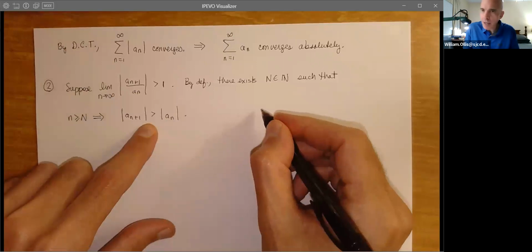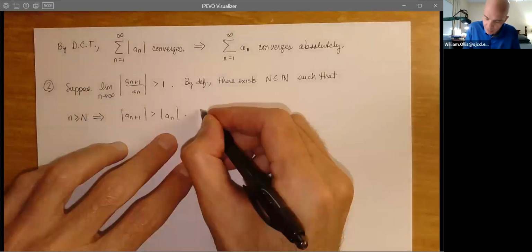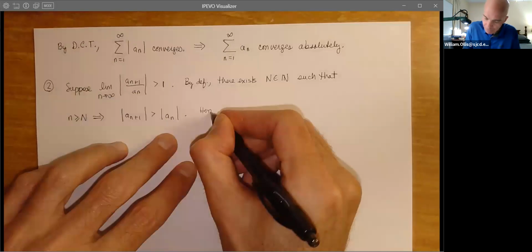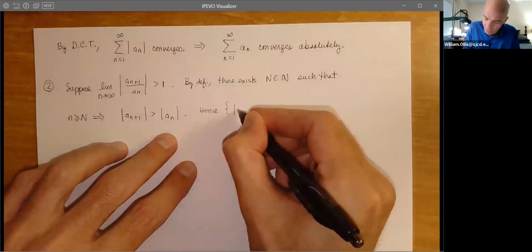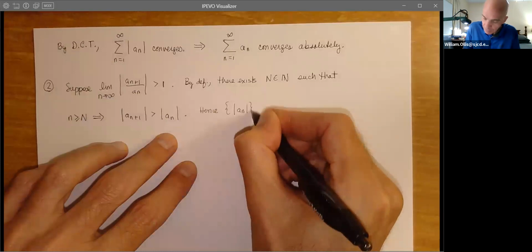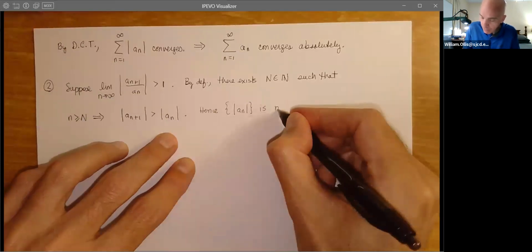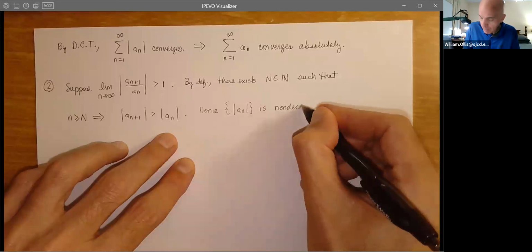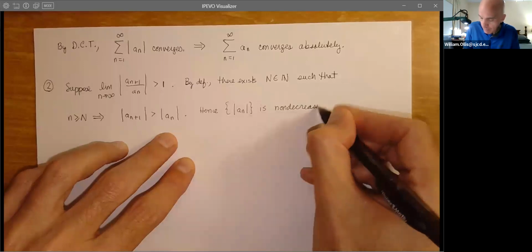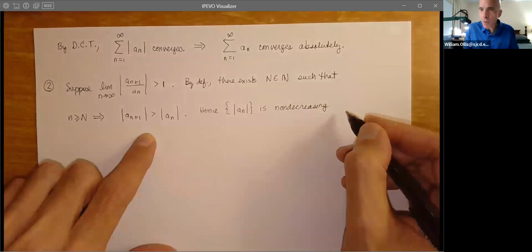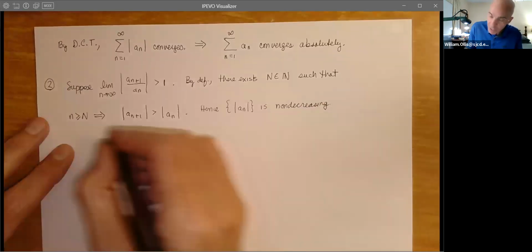That is, this is a non-decreasing sequence. Hence, this sequence, if we look at it in the absolute value, is non-decreasing. So again, it may jump around in sign or whatever, but now it's non-decreasing.